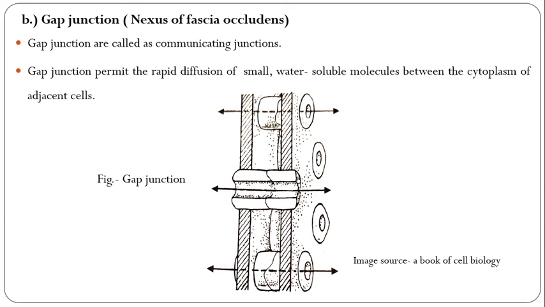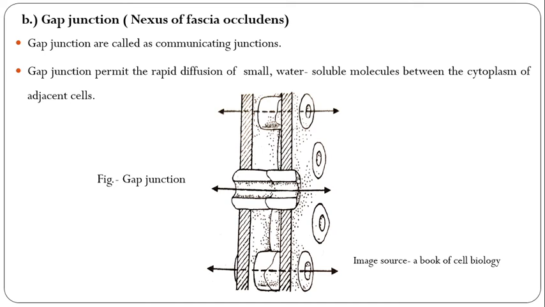So it permits direct transfer of ions and other small molecules without passing through the extracellular space. Gap junctions permit the rapid diffusion of small water-soluble molecules between the cytoplasm of adjacent cells.